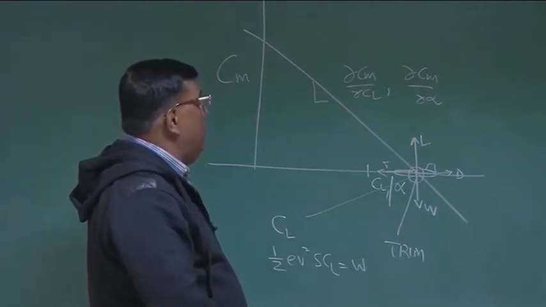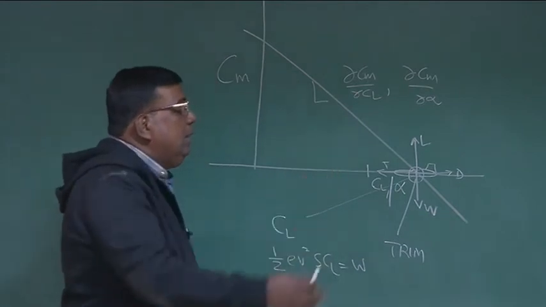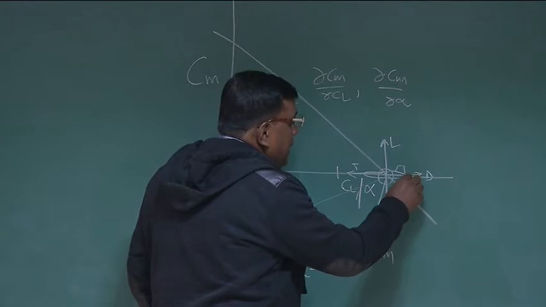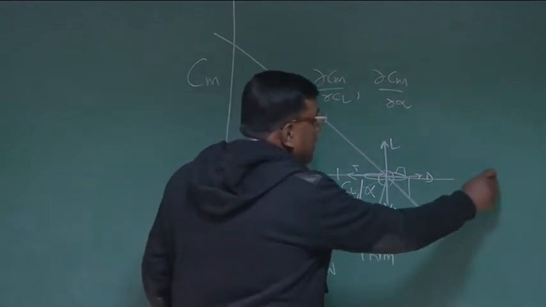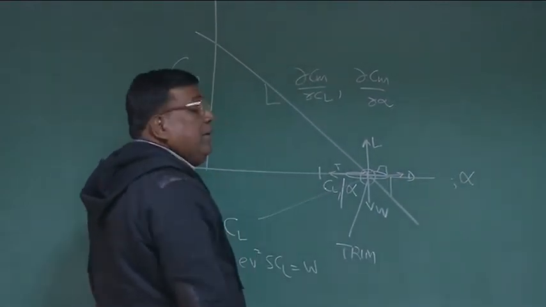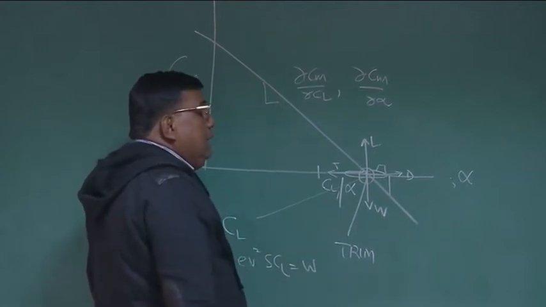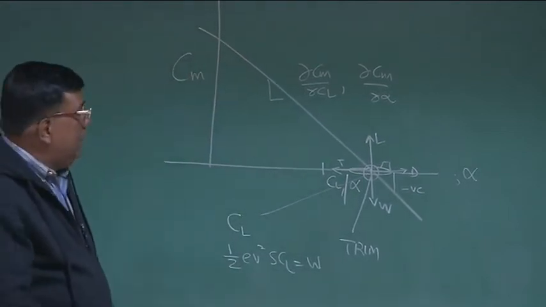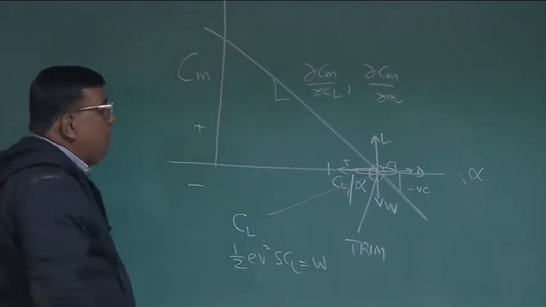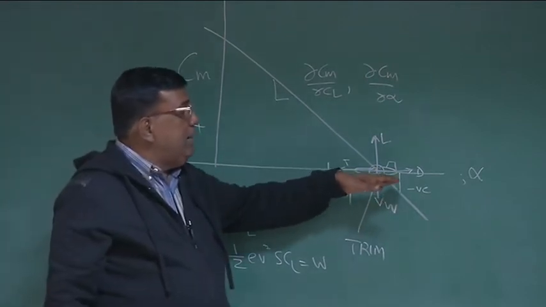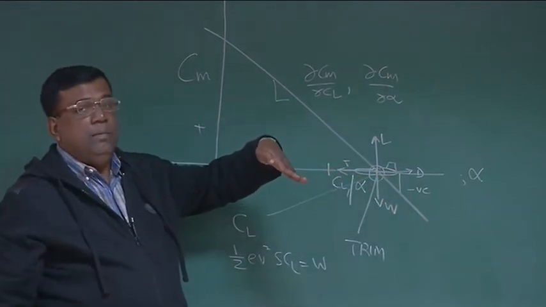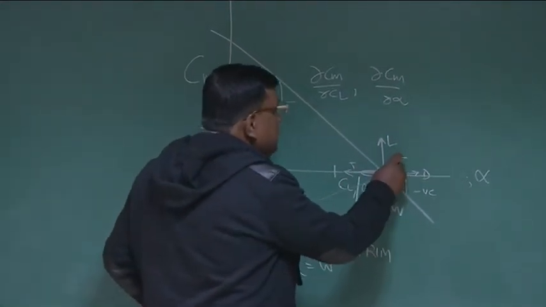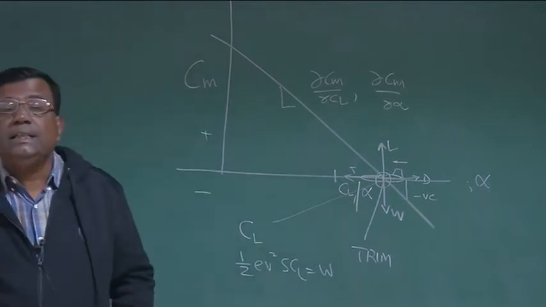Accordingly, you have decided to put Cl or alpha here, and you know that if by some disturbance the angle of attack increases here, then it will automatically generate a negative pitching moment, because Cm here is negative, here is positive. This will try to take alpha back to the trim alpha. And that is why we say it has an initial tendency to come back to the equilibrium. So it is statically stable.